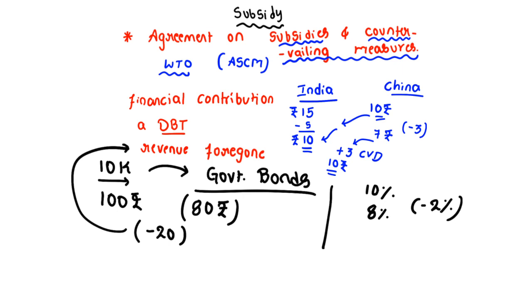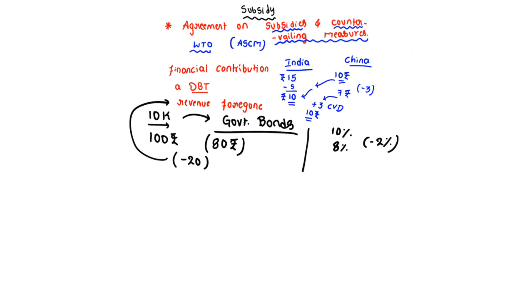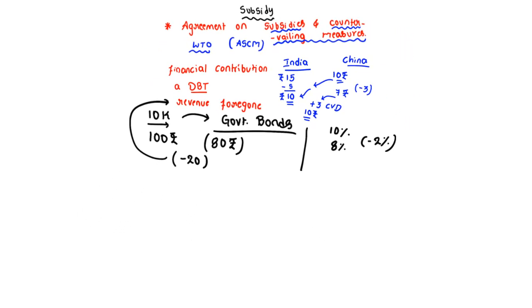Are you getting what comes under subsidy and what comes under revenue foregone? So this has to be clearly analyzed. Why? Because in 2006-7, in the earlier UPA government, every time the government used to submit this. What is this?